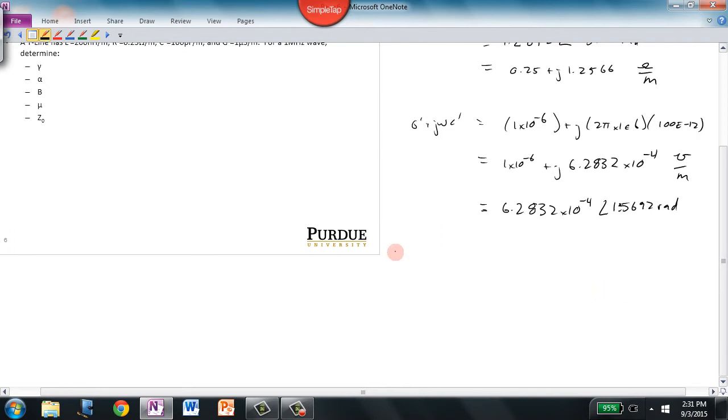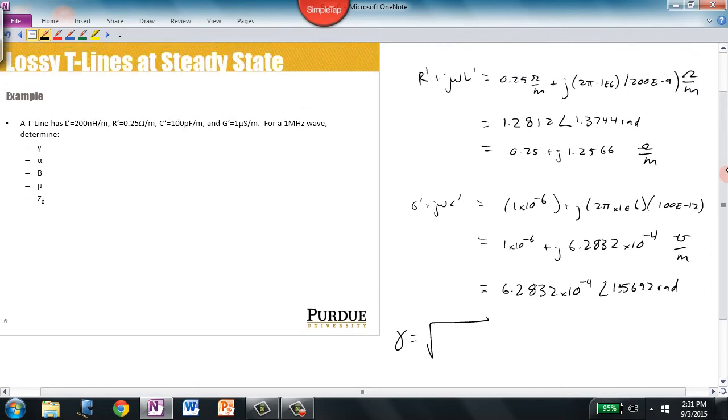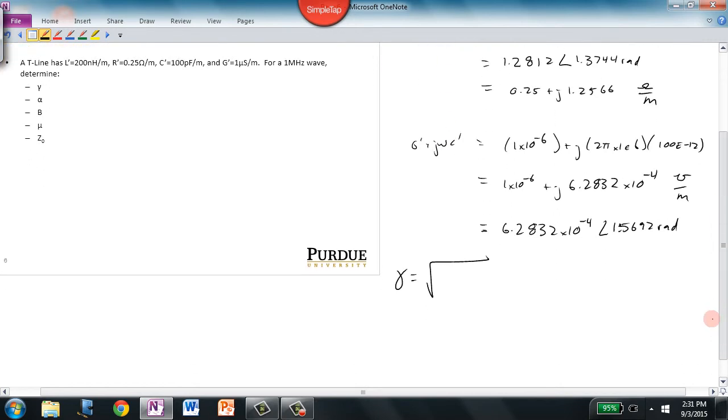So gamma is just the square root of this times that. So that's going to be the square root of 1.2812 at an angle of 1.3744. And we're going to go ahead and multiply that by 6.2832 times 10 to the minus 4 at an angle of 1.5692.